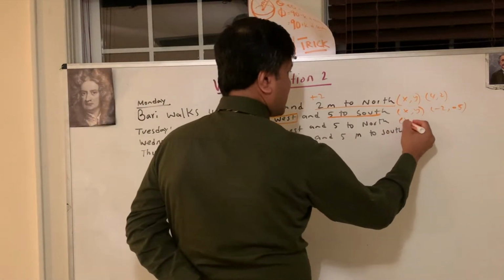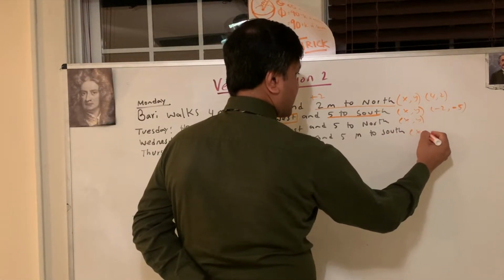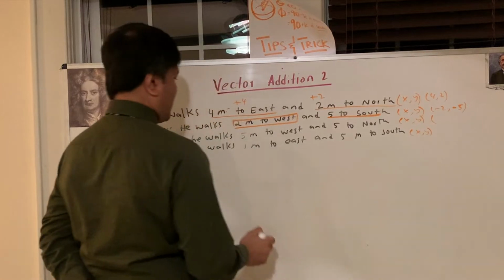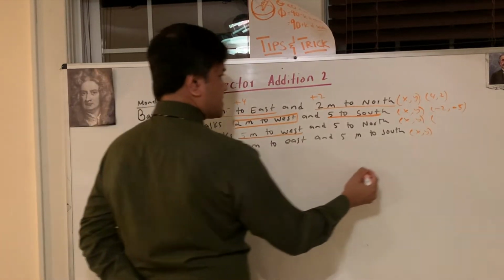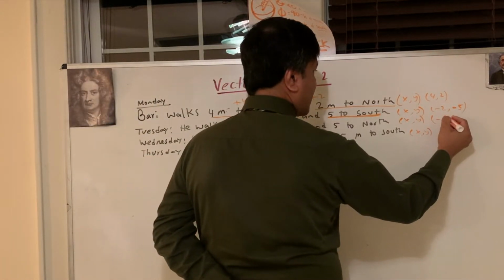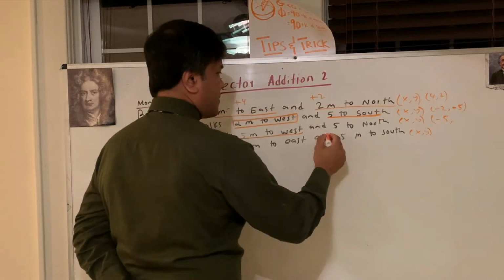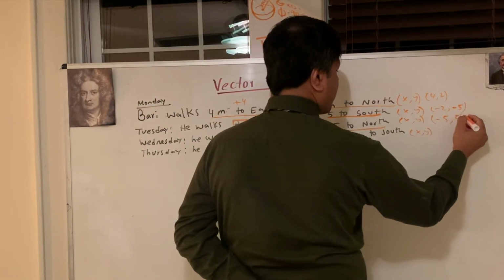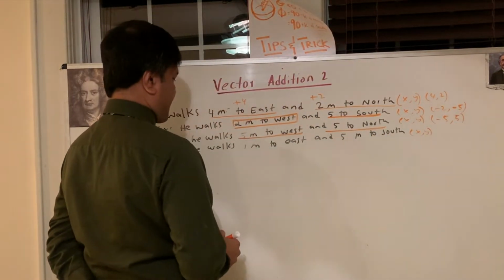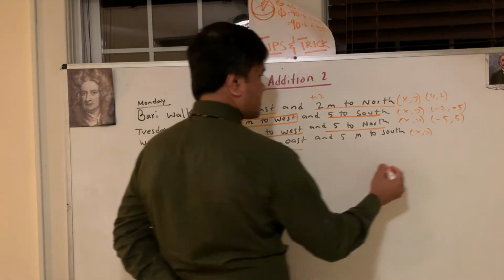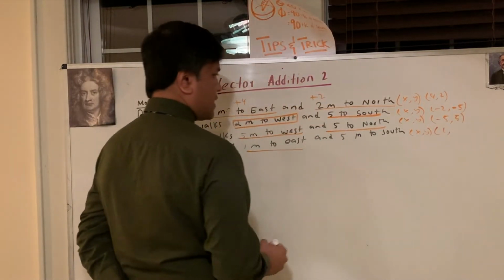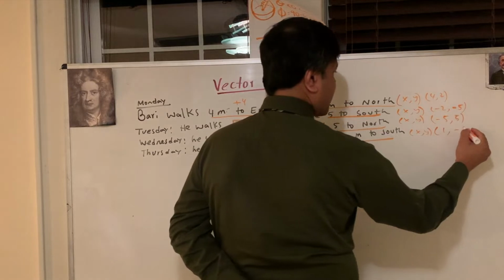X comma y. 5 meter to the west, negative 5, and 5 meter to the north, positive 5. 1 meter to the east, 1, and 5 meter to the south, negative 5.